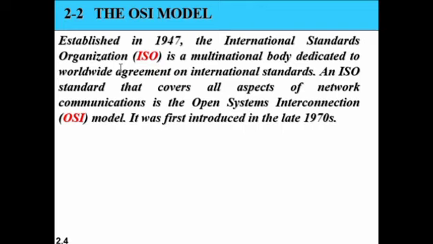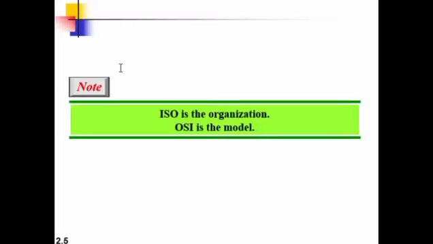OSI stands for Open System Interconnection Model, which was introduced somewhere around 1973 or 74. So don't get confused with these two terms. ISO is the organization and OSI is the network model comprising 7 layers.